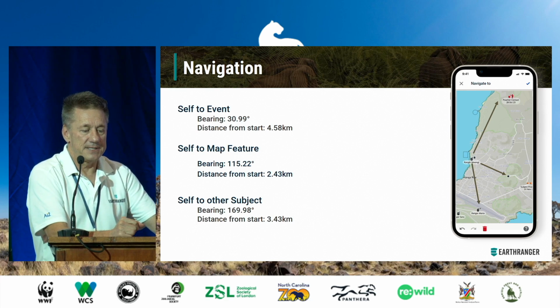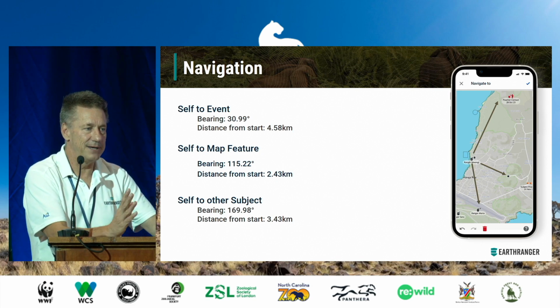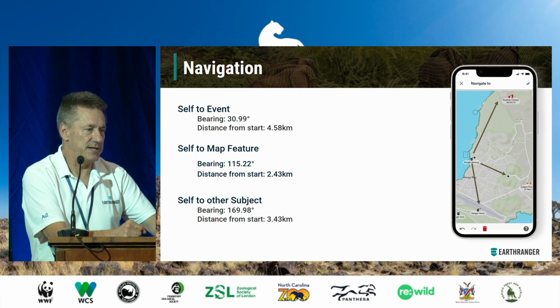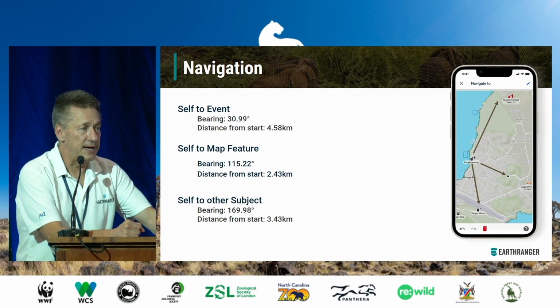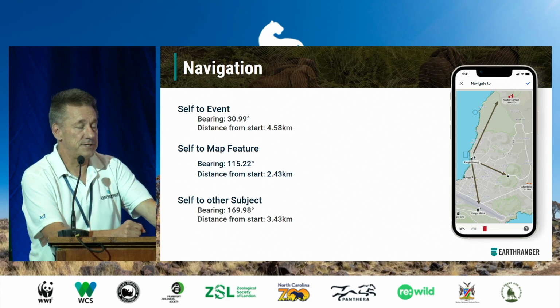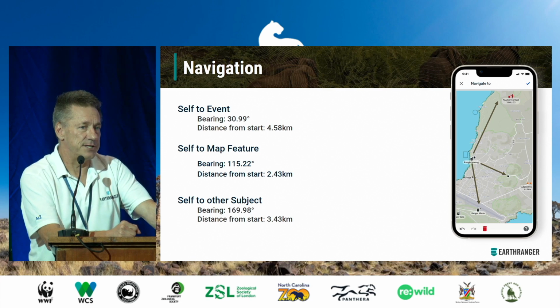The second type is a map feature, so same sort of process. You would click on that map feature and say, take me home, take me to that observation post, take me to that lodge, and it'll give you a bearing and distance to that point. And the really nice one is the self-to-subject navigation. A subject is something that's trackable.